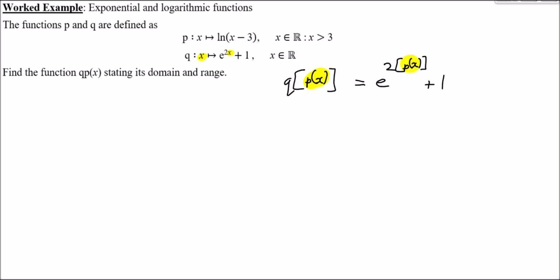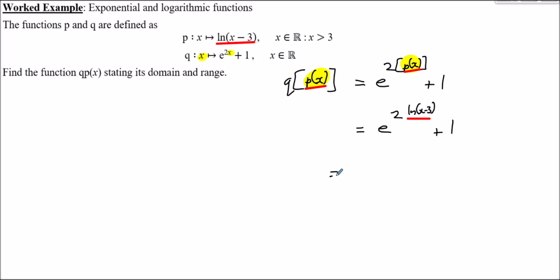So how is p of x actually defined? Well, p of x is defined as ln x minus 3. So if I just sub in what p of x actually is, p of x is ln x minus 3. That means I've got e to the 2 lots of ln x minus 3, then plus 1.